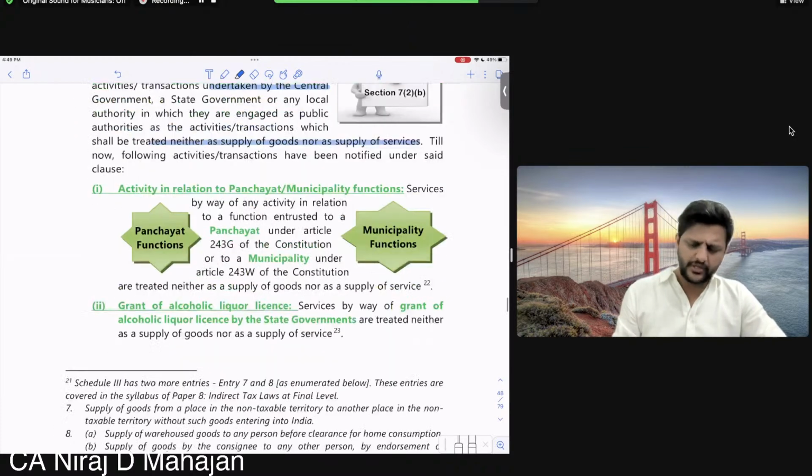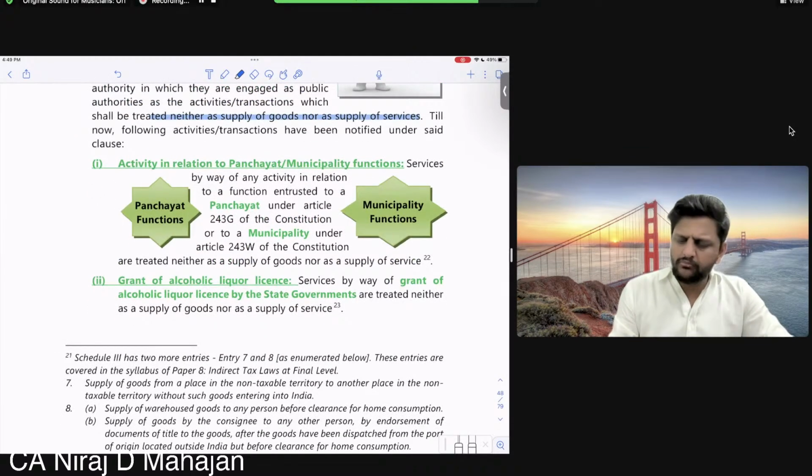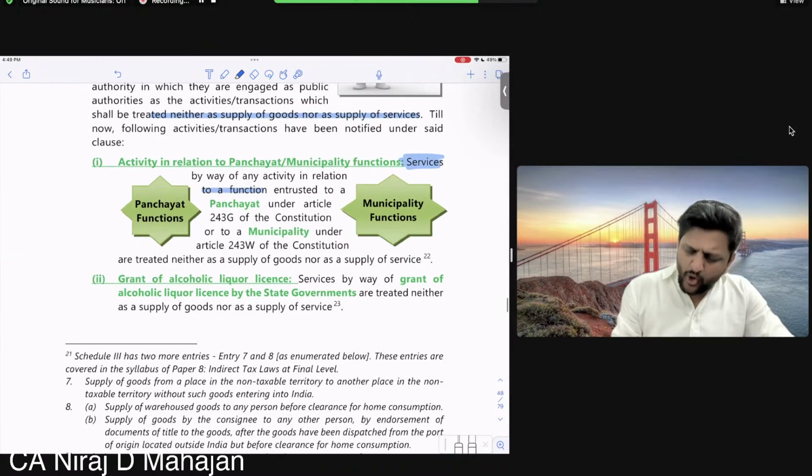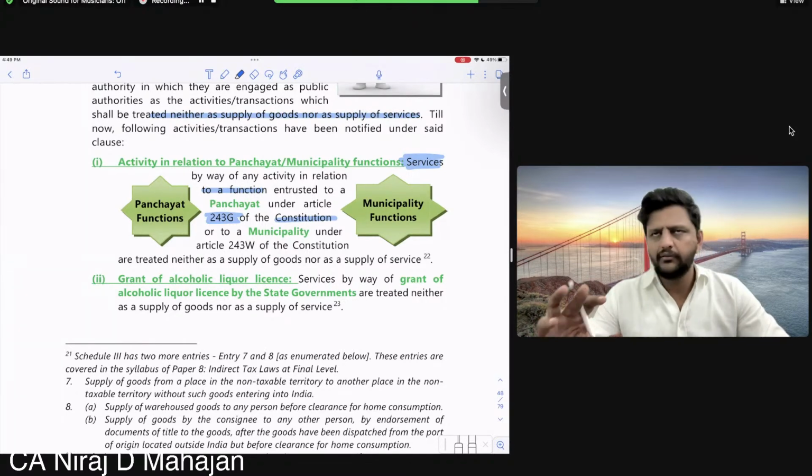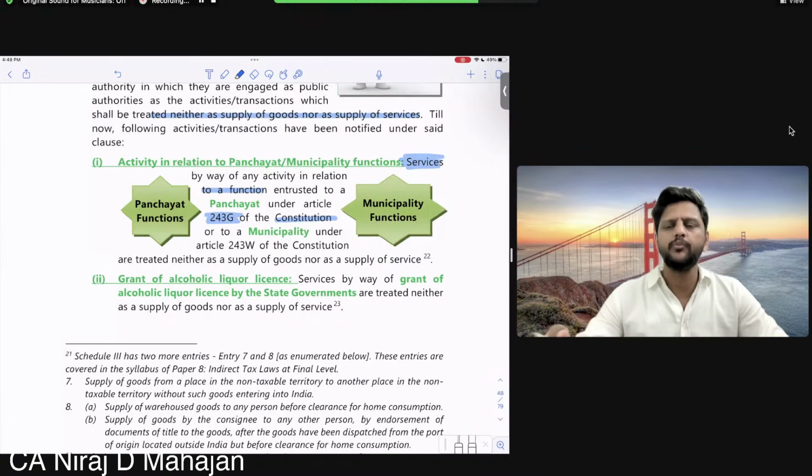Check here: panchayat or municipality functions. Services by any of these of a function, that means work, which is given as per the constitution, then that is neither goods nor services. Finally, everybody, see, government, your local bodies, corporations, municipality, they have some duty or no?